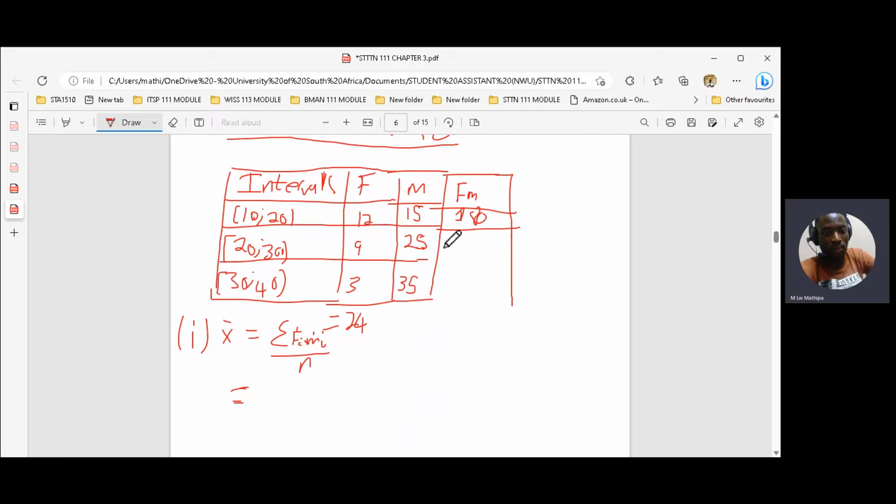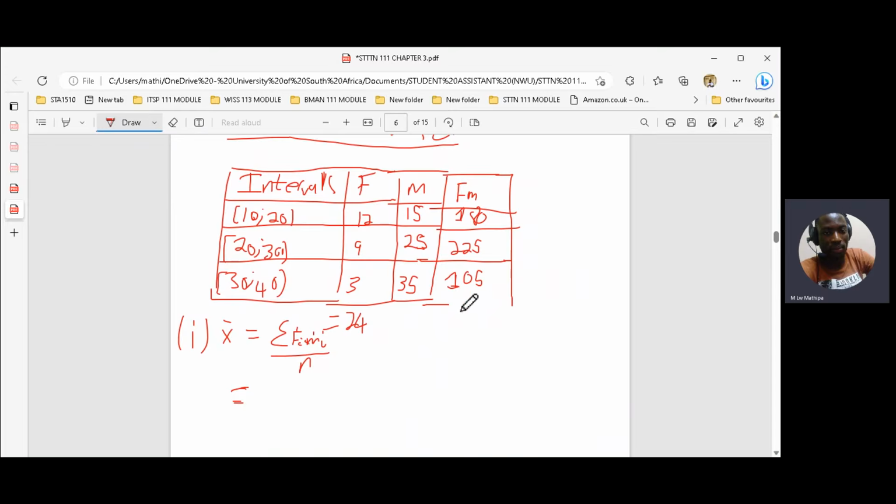And then 9 multiplied by 25, then it's going to give us 225. And then the last one, we have 3 multiplied by 35, which will give us 105.